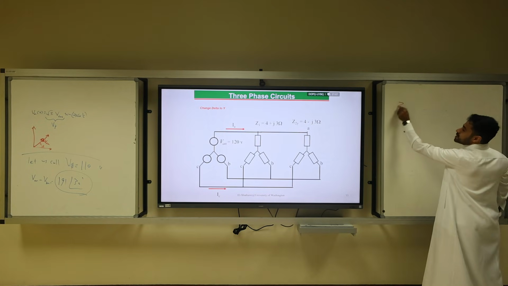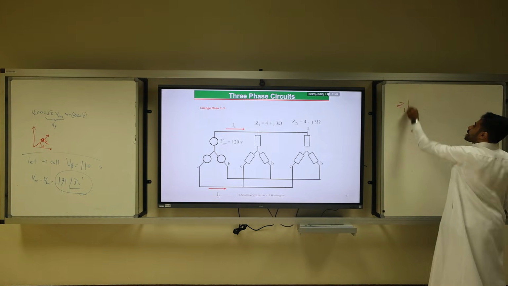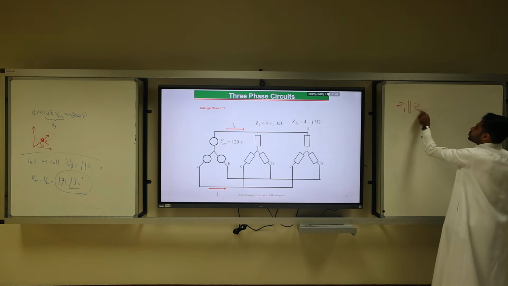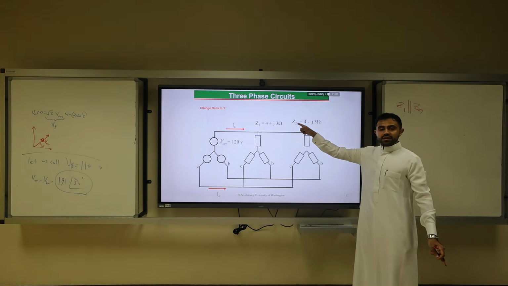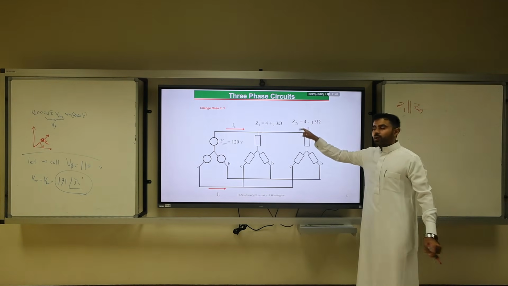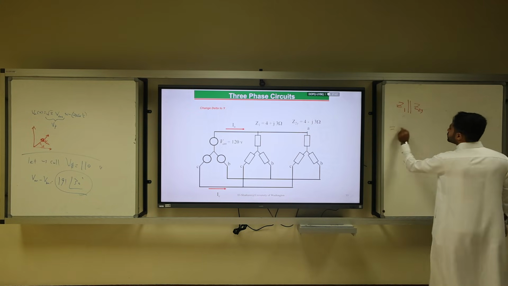So I have Z1 in parallel with Z2 after converting it to Y. What does 2Y mean? It's the second load after converting it to Y. They are in parallel. How to do it?